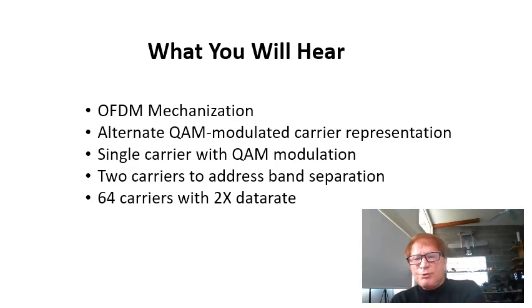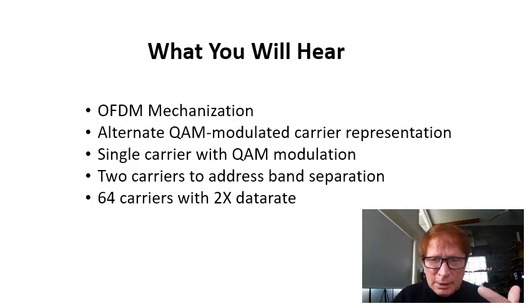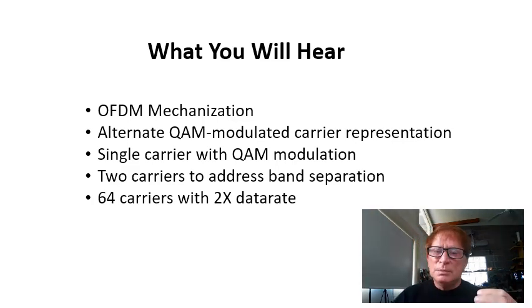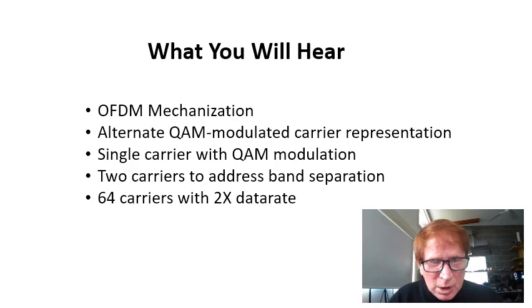We will see that orthogonality of the 2 waveforms is not a factor in subcarrier separation. Finally, we will increase the subcarriers from 1 carrier to 64 subcarriers to show the straightforward extension to a practical 802.11 waveform. This final section will also introduce the radio implementations where we increase the data rate by a factor of 2.